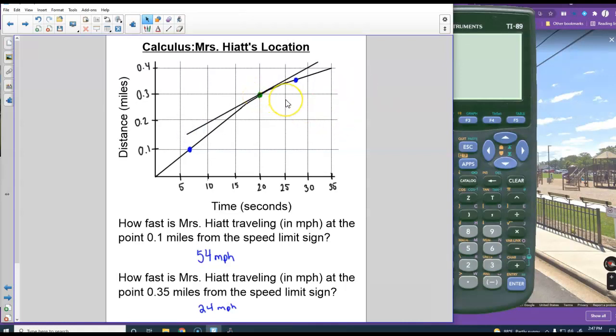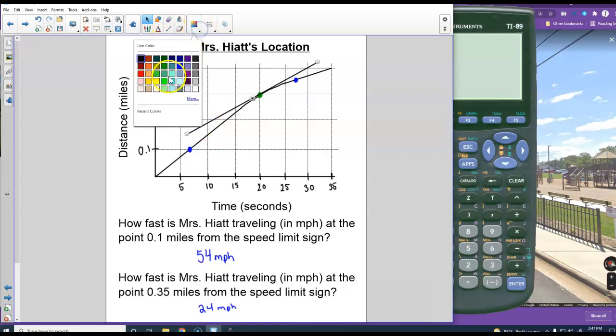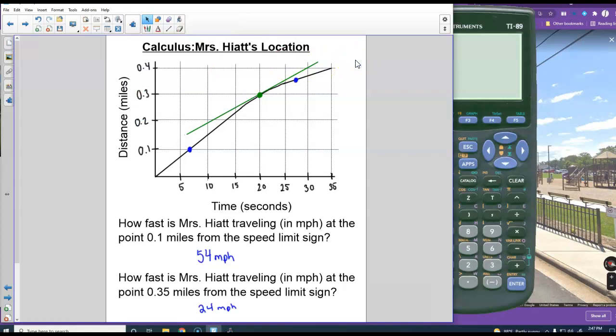So at this point here, let me make it green too so it shows up a little bit better. At this point, my speed can be shown by this line right here. So on this line, I'm going to have to do some estimations because this is not perfect. But let's say that's pretty close to being right there.